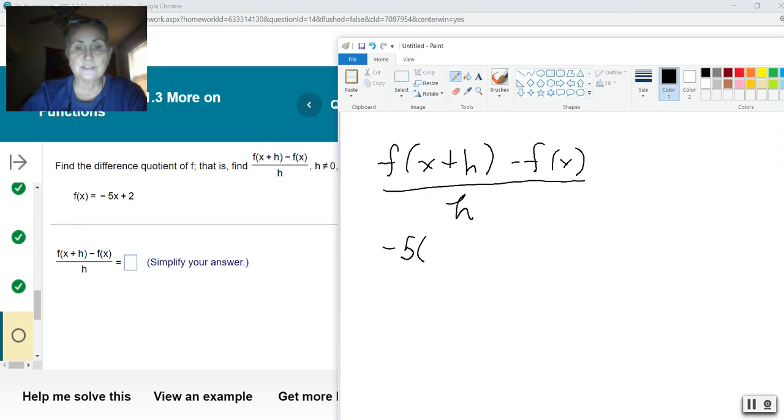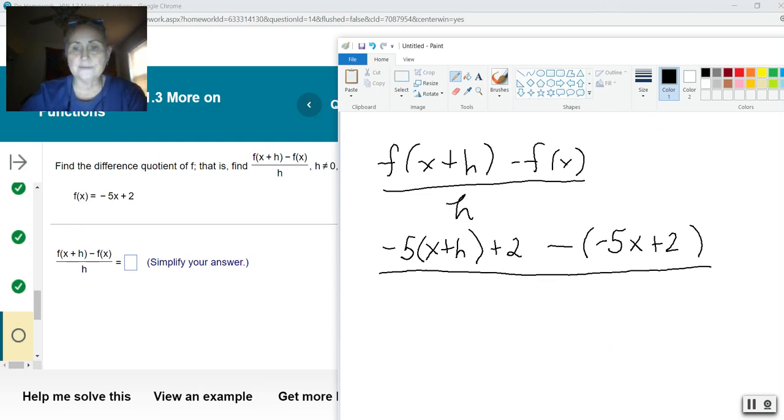-5 times x plus h plus 2. That's what we did first. Subtract, and here's the part that a lot of people miss. You need those parentheses. -5x plus 2. All of that is over h. Okay.